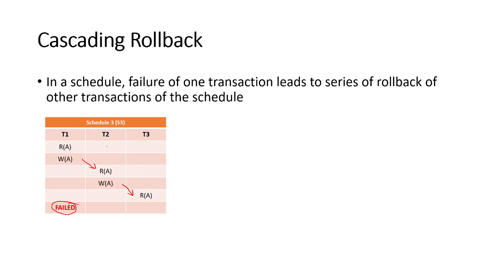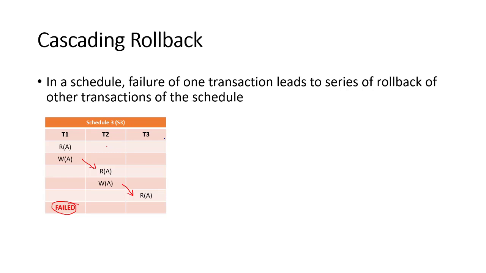And as T2 is cancelled and T3 is reading the data item written by T2, T3 also needs to be cancelled. So failure of T1 leads to cascading rollback of T2 and T3. So this schedule 3 suffers from cascading rollback.